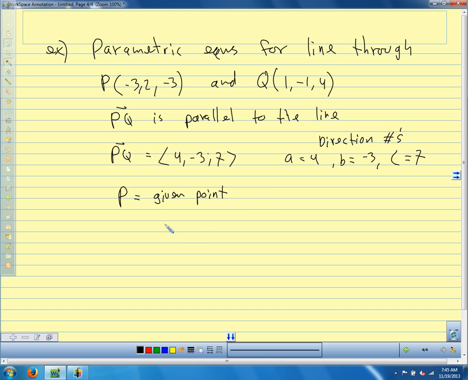So I'm going to write x = −3 + 4t, y = 2 − 3t, and z = −3 + 7t.